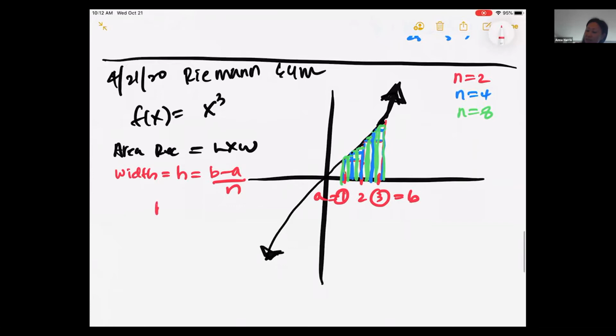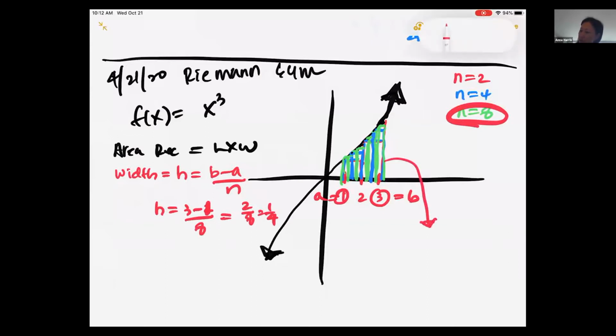So my width will be 3 minus 1 divided by n, and I'm going to use n equal to 8. That gives me 2/8, which is 1/4. So the width of this rectangle is 1/4.